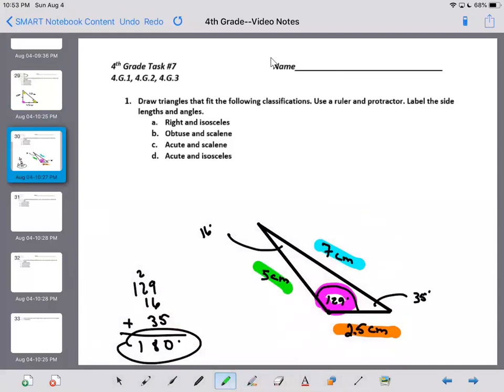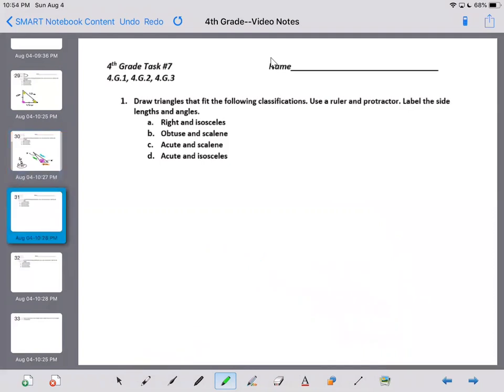So you have 3 different side lengths, 3 different angle measures, which describe the attributes of a scalene. And what's in purple is the 129 degrees, which is larger than 90. So there's your obtuse.